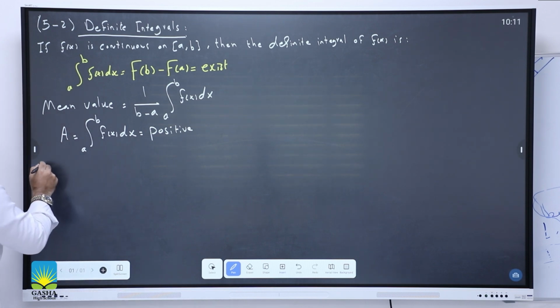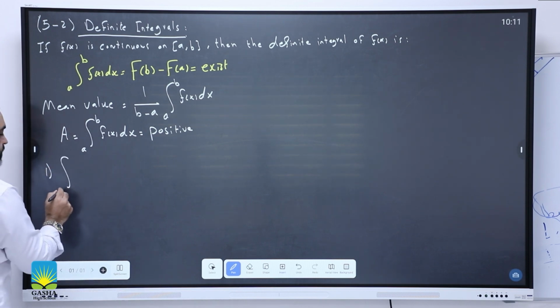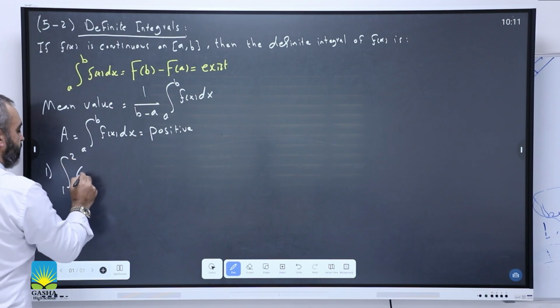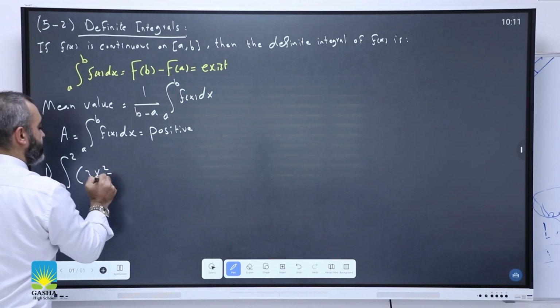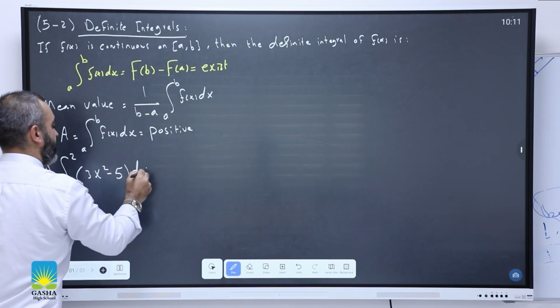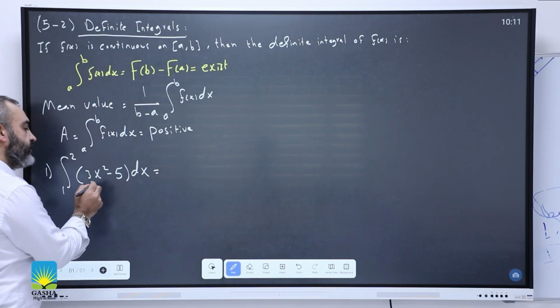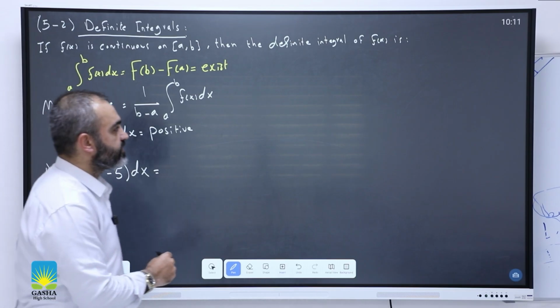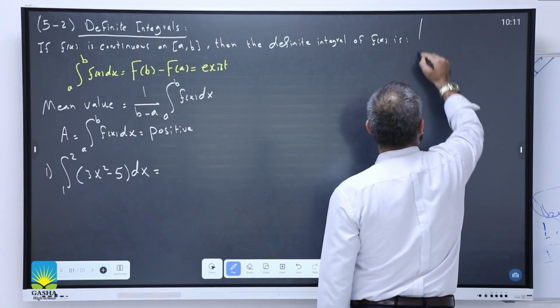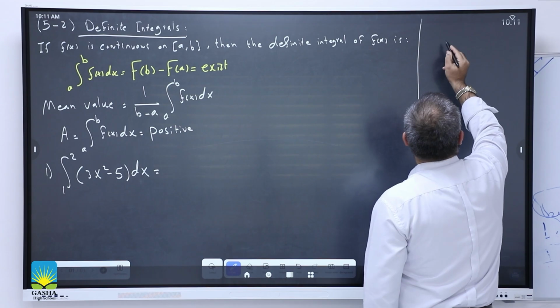First, the integral from 1 to 2 of 3x squared minus 5. How to solve this example? The example depends on the indefinite integral. We have some formulas about the indefinite integral.